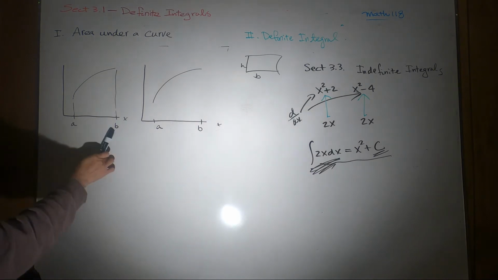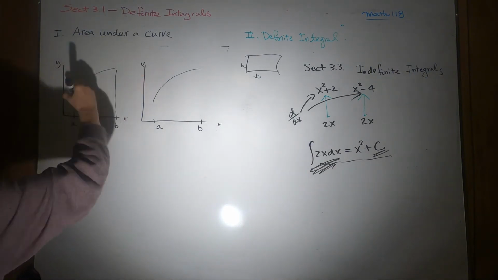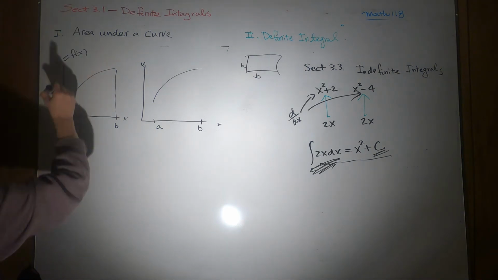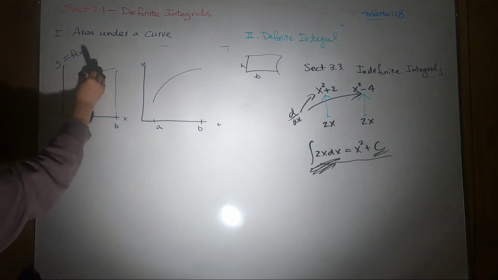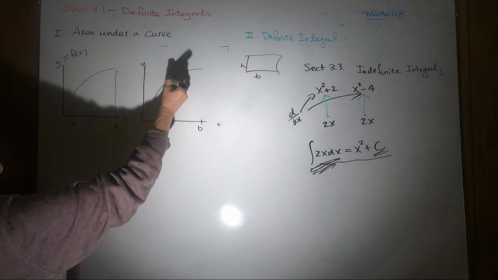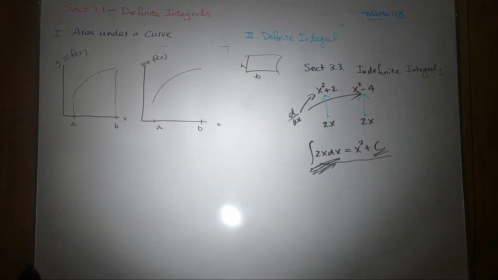Okay, in that fixed, definite area, that's your y. The curve is y equals what? f of x, right? The value of y is derived from x, so we call it f of x, right?